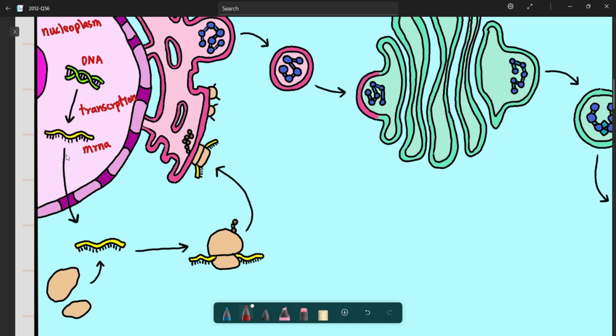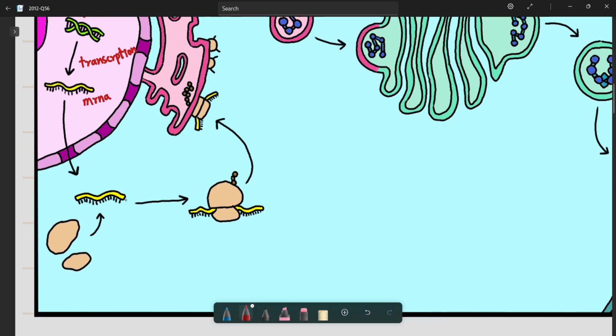Once the mRNA is formed, it undergoes some maturation. It matures into the mature mRNA before it exits out into the cytoplasm. So now here it is in the cytoplasm as a mature mRNA. This mRNA is bound by these ribosomes, which are the 80S ribosomes.